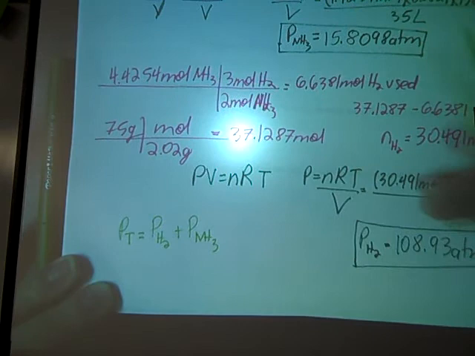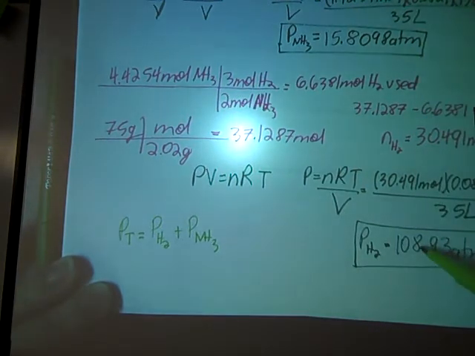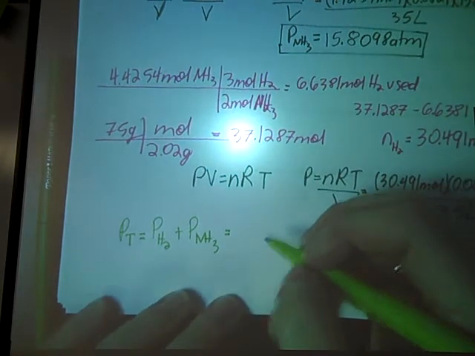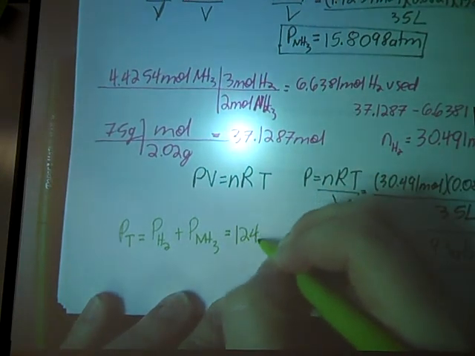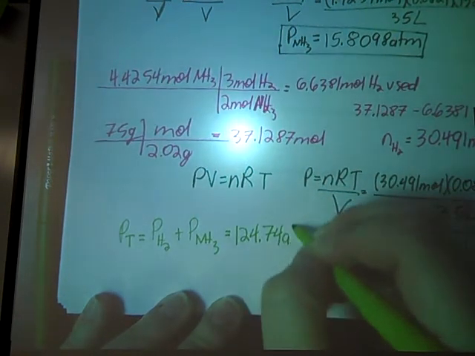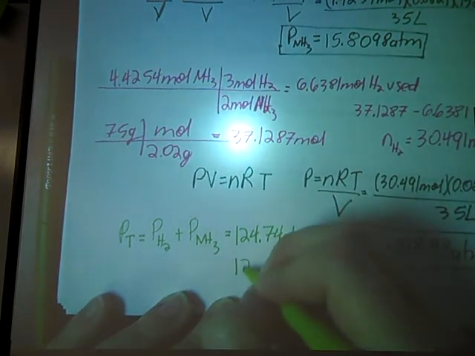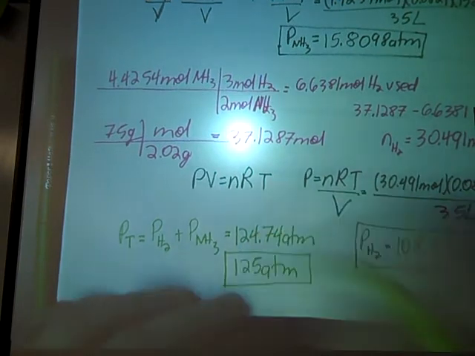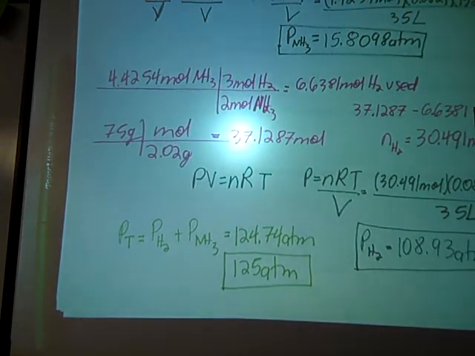So I'm going to take my partial pressure of my NH3 plus my partial pressure of my hydrogen, add them together. We'll do sig figs this time. And that is the total pressure inside the container. See, I told you this was done under high pressures.